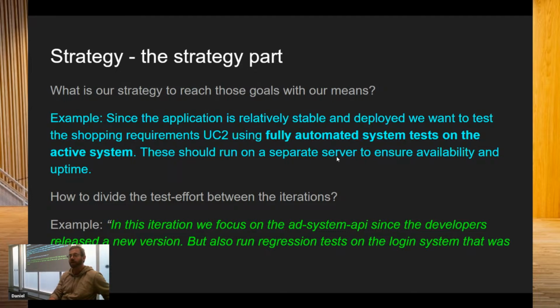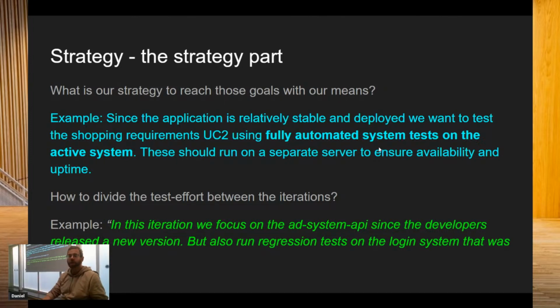These should run on a separate server to ensure availability and uptime. So that is our strategy, right? So we know stuff about the system, and we decide that, okay, we can do this. So this fully automated system test. So system test was when we tested the entire application. So all components put together.